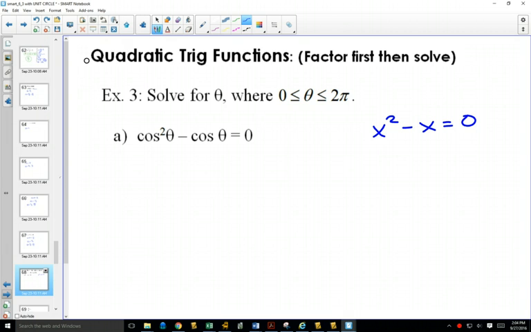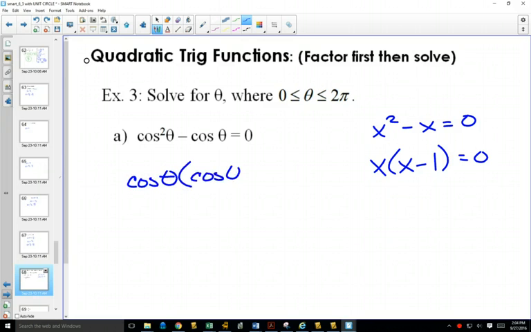Okay. How would you factor something that was x squared minus x? You'd take out an x. There'd be a common factor, right? Well, we're going to do the same thing here. What's in common between a cos squared and a cos? You can factor out a cos of theta, leaving you with cos of theta minus 1 equals 0.